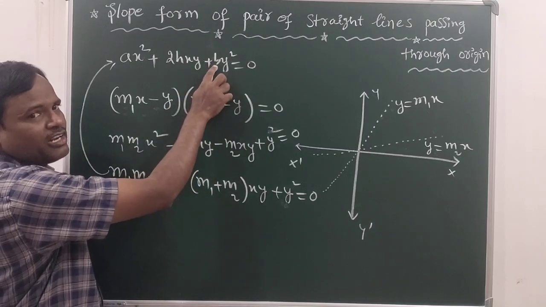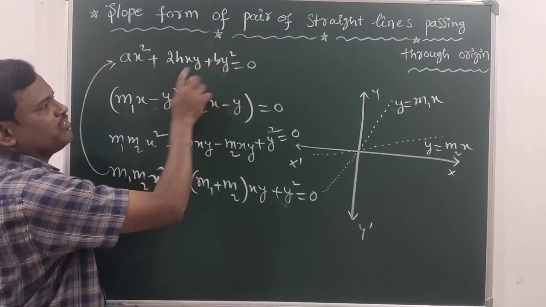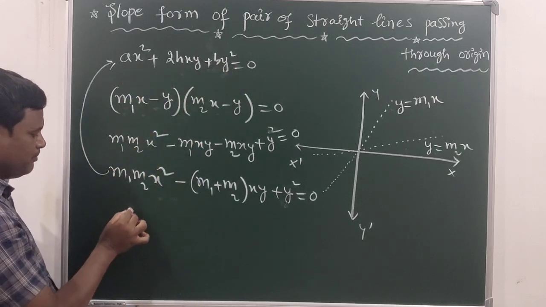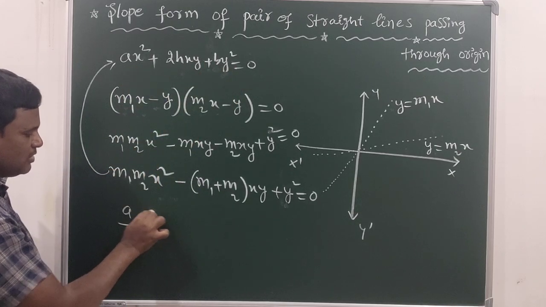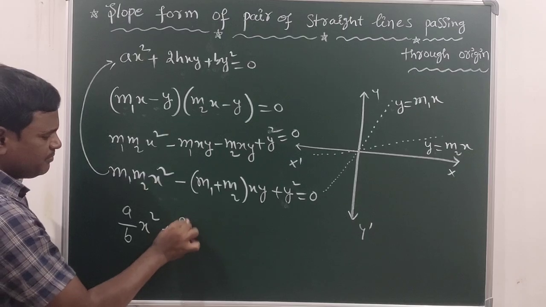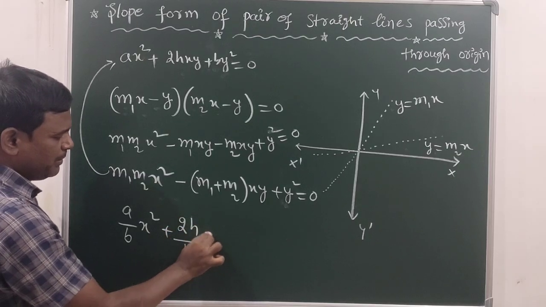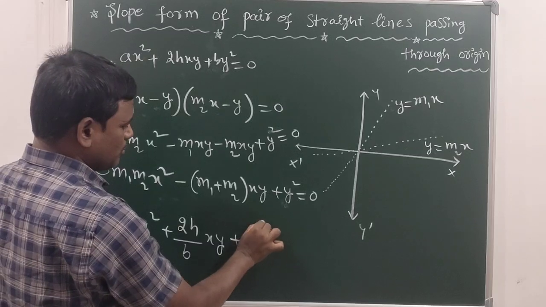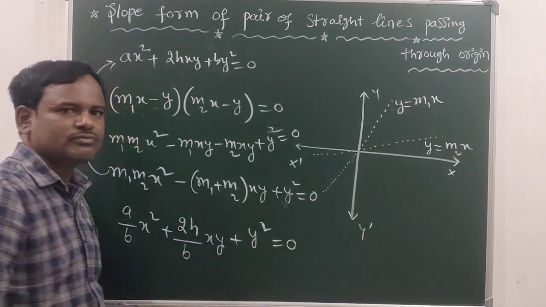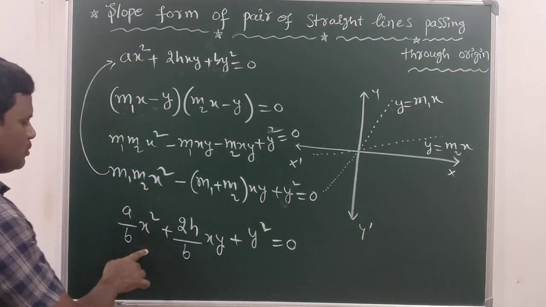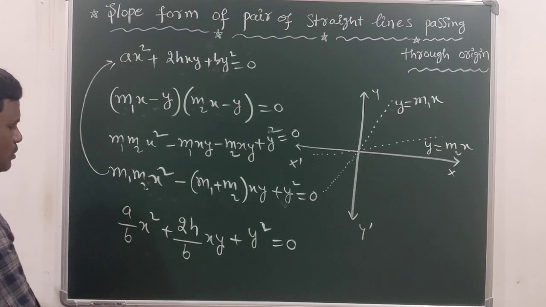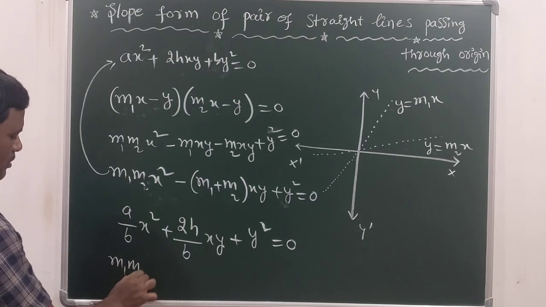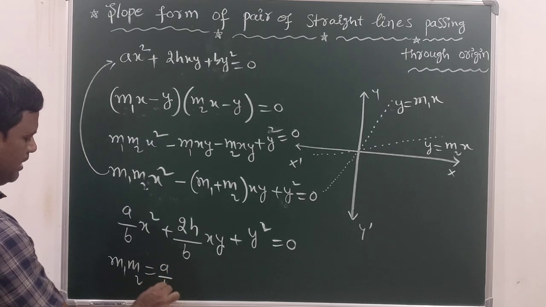To get 1 here, I should multiply both sides with b. So multiply both sides with b. Here a by b x square plus 2h by b xy plus y square, which is equal to 0. Now compare these two. On comparing these two, in the place of m1 m2, a by b is there.